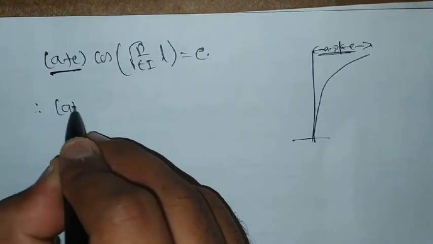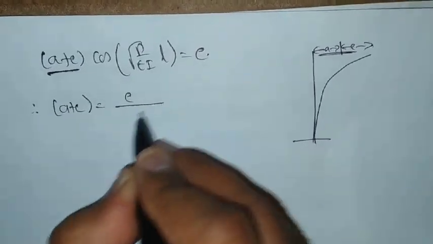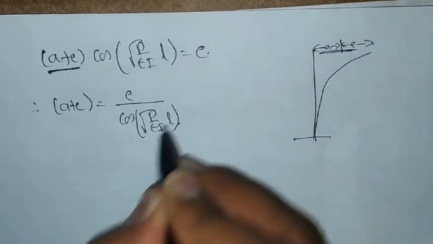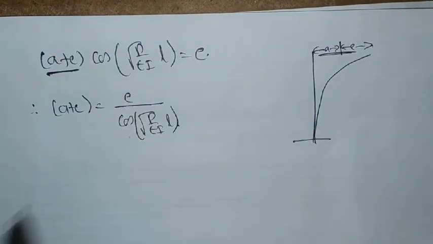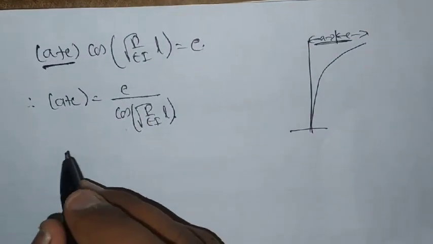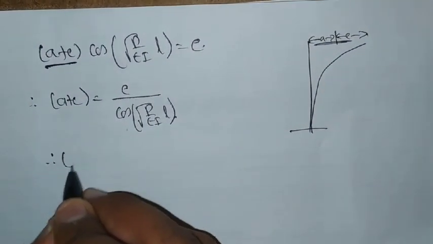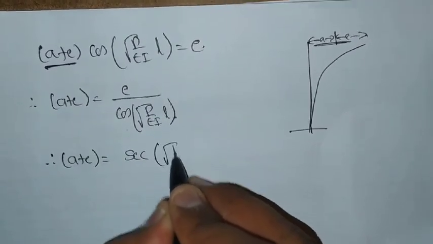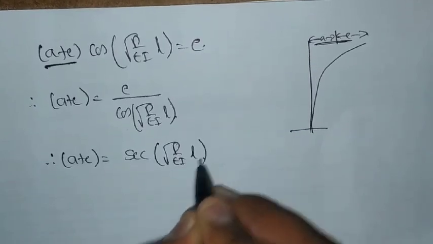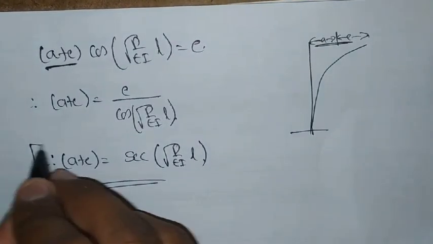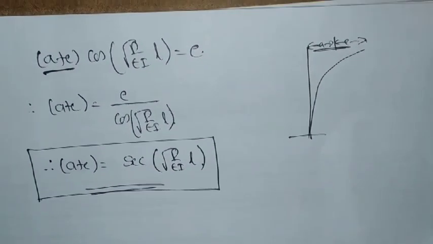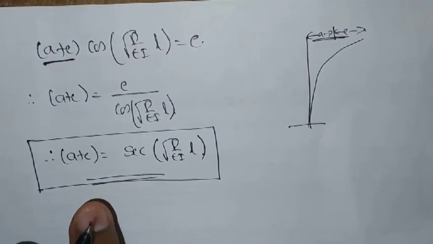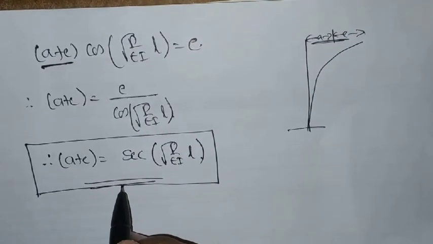Therefore A plus C is equal to E by cos of root P by EI into L, where 1 by cos can be written as secant. A plus C is equal to E secant of root P by EI into L. So this is the crippling load acting at an eccentric section.